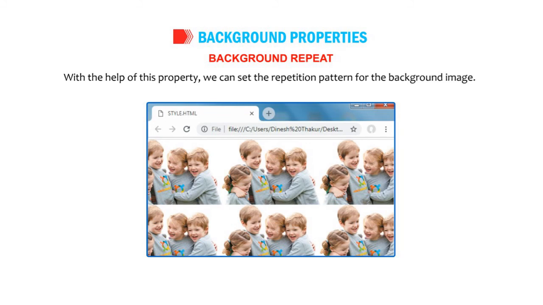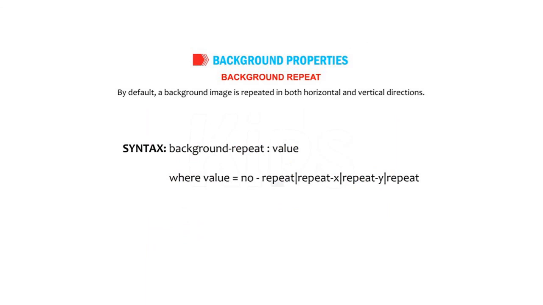Now, let's see background repeat. With the help of this property, we can set the repetition pattern for the background image. By default, a background image is repeated in both horizontal and vertical directions. And the syntax is background-repeat: value, where value is equal to no-repeat or repeat-x or repeat-y or repeat.